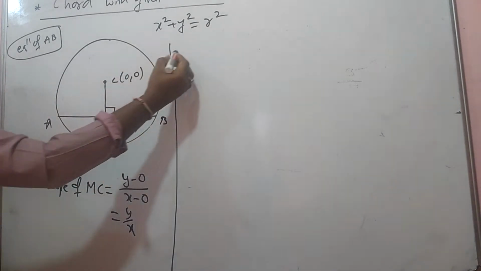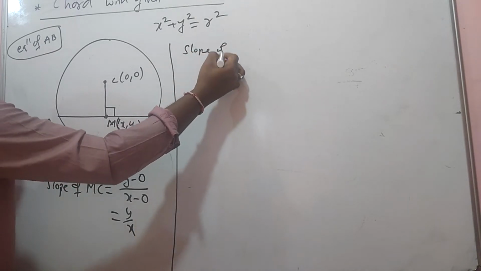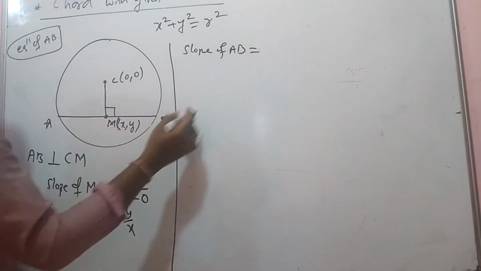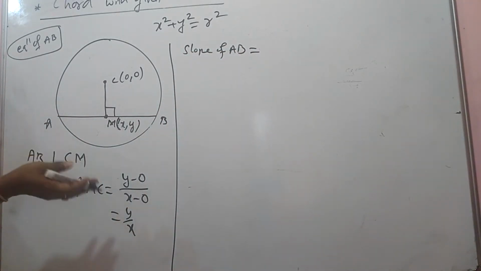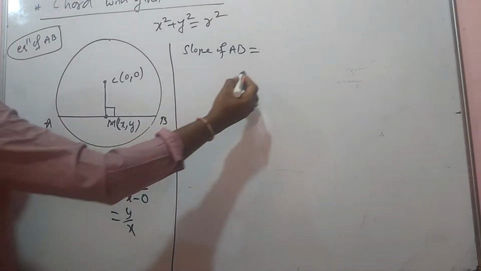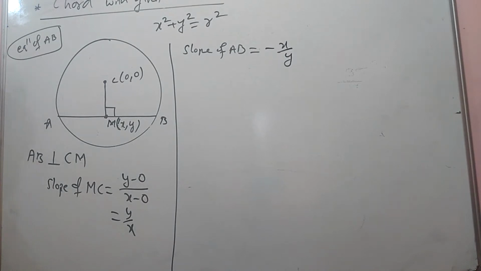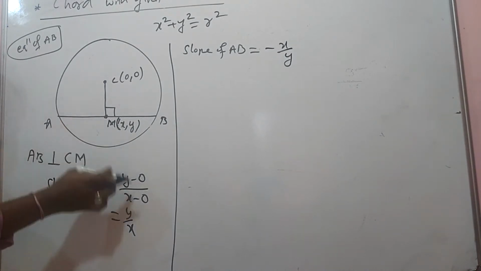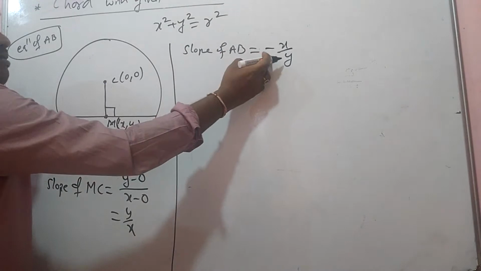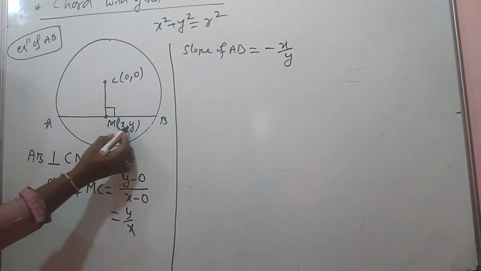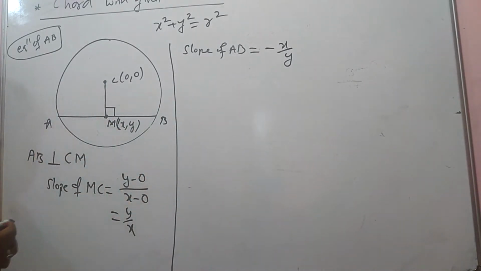Then the slope of AB will be the reciprocal with a minus sign, so I get minus x by y. You know that AB is passing through one point.